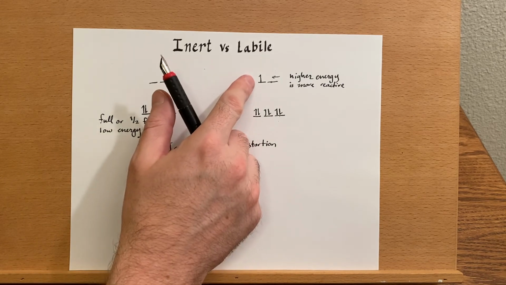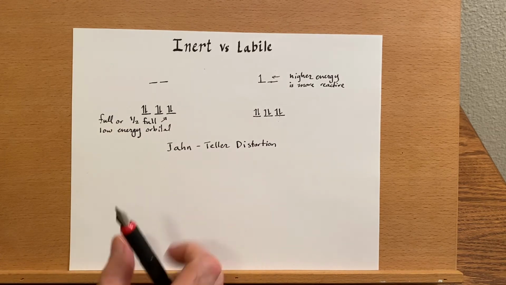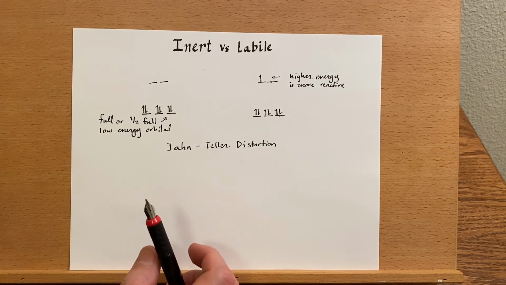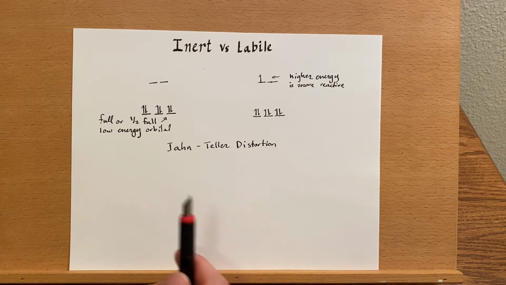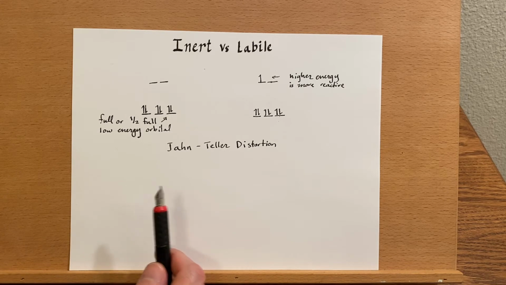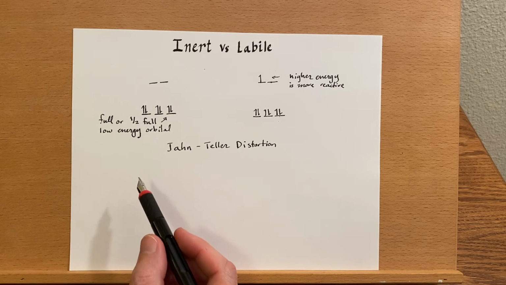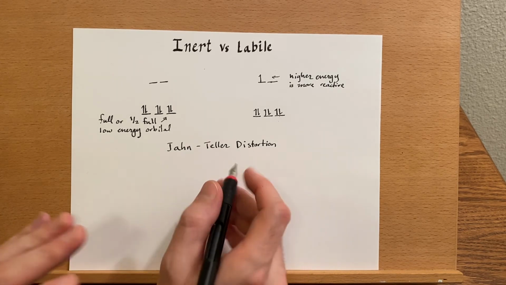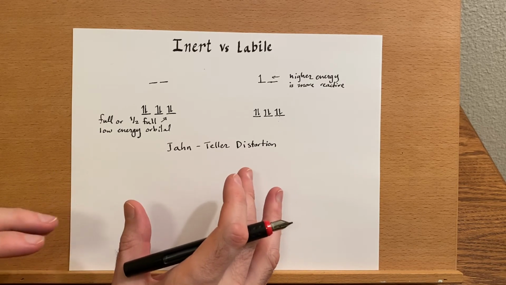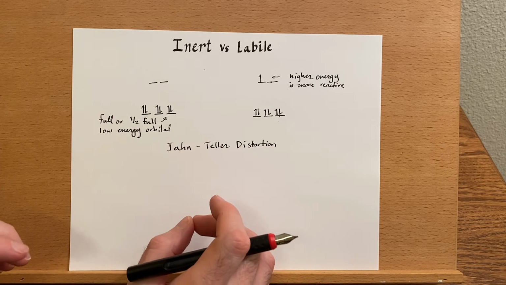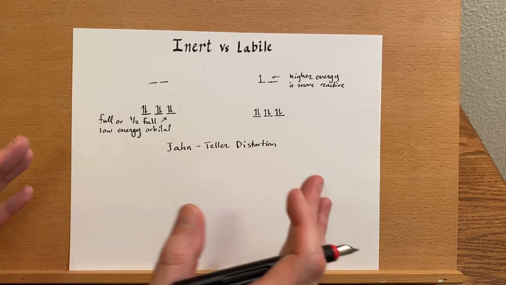Whereas unequal filling in the higher energy eg orbital will have a large Jahn-Teller distortion. So that's why d7 is often used as an example of this effect. And it also played into the inert versus labile quite well. So this distortion will occur in every case that there is unequally full orbitals that originally had the same energy, that is, degenerate orbitals.